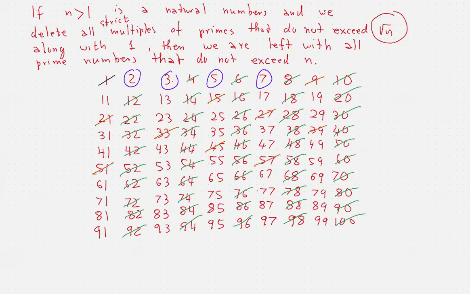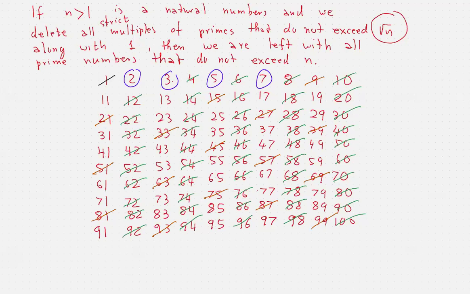I go every 3 numbers pretty much, and if it's not deleted, I delete it. Then 75, 81, 87, 93, and 99.